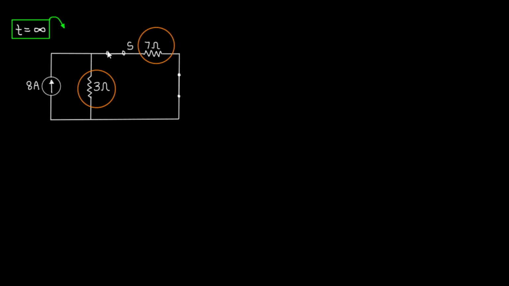So we first need the current flowing through the 3 ohm resistor. So I of 3 ohms is, by using current division rule as already discussed in the prerequisites, 7 by 3 plus 7 into the total current 8. So this is 56 by 10, which is 5.6 amperes.